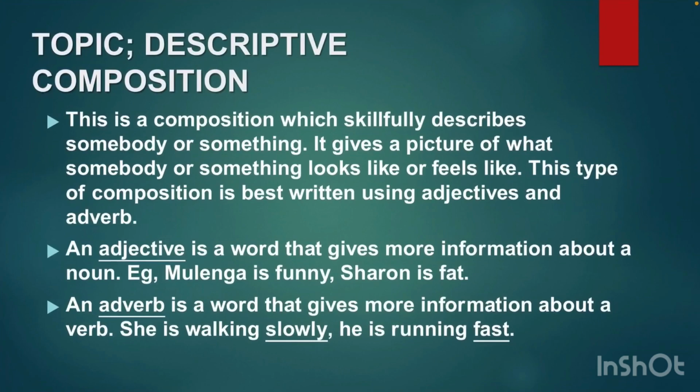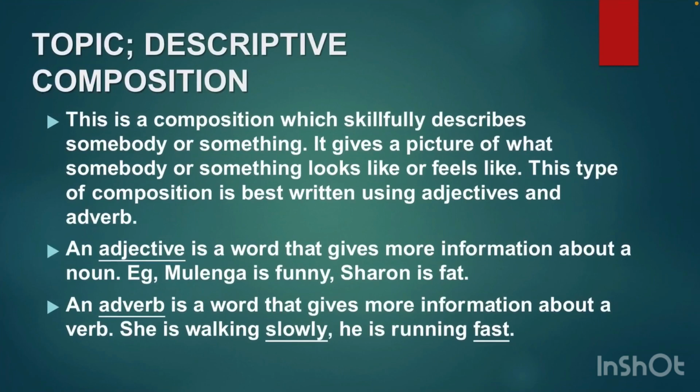It is modifying the verb walking, telling us the manner in which this action is happening. He is running fast. Running is the verb, the action word. Fast is telling us the manner in which the running is happening. Hence fast is the adverb. I hope you now understand these 2 things.